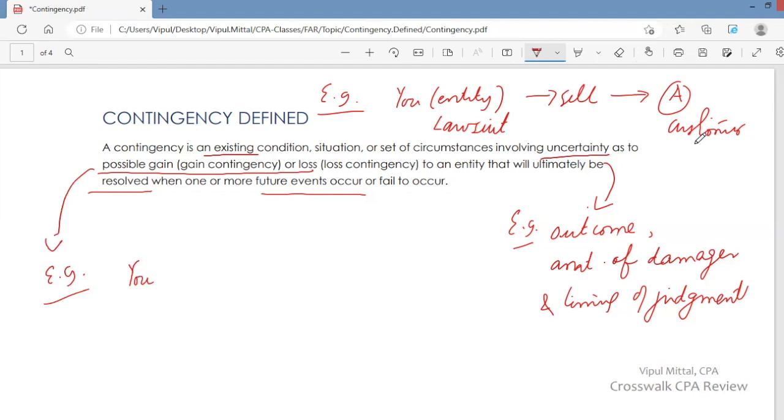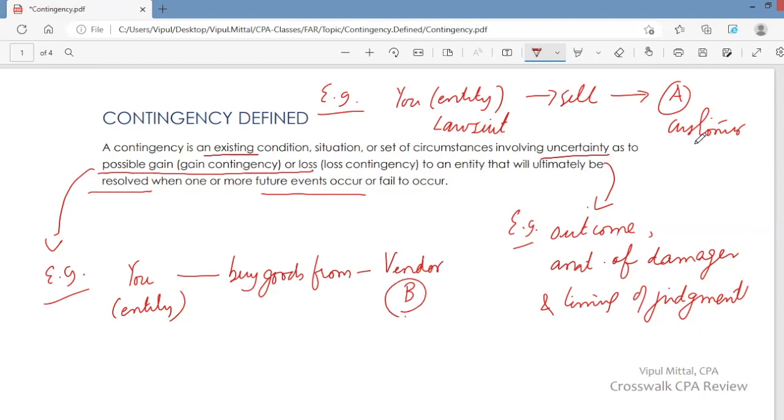Take another example. You buy goods from vendor B, and after purchasing the goods, a health hazard is discovered related to them. A safety issue is discovered related to the goods.